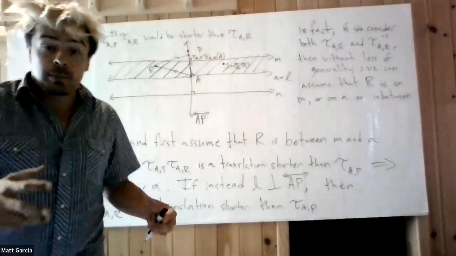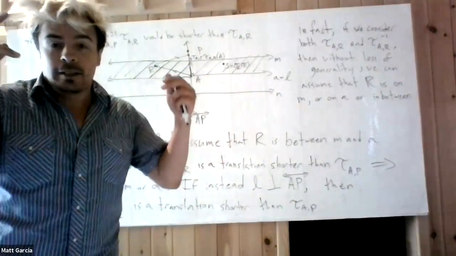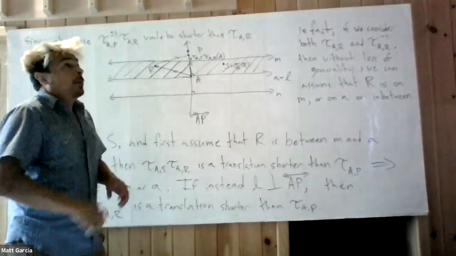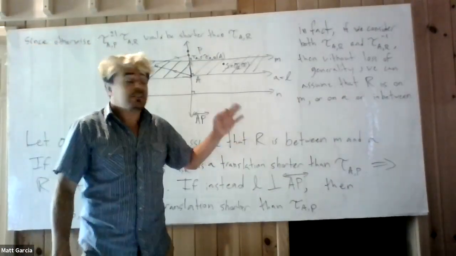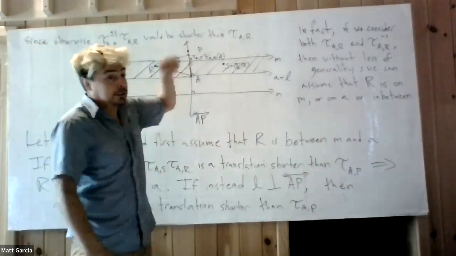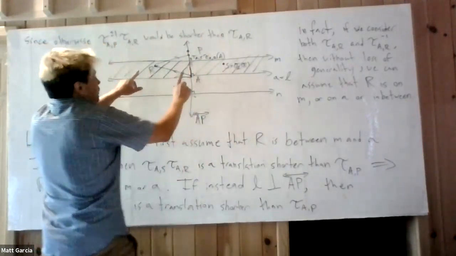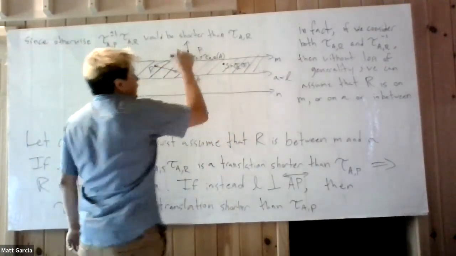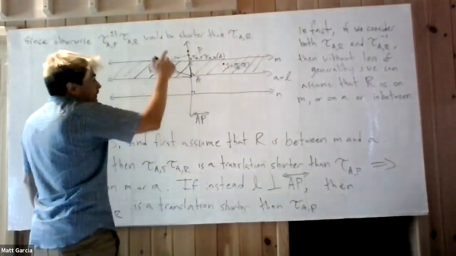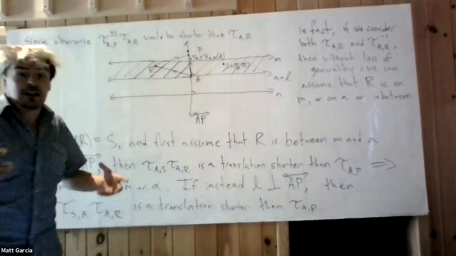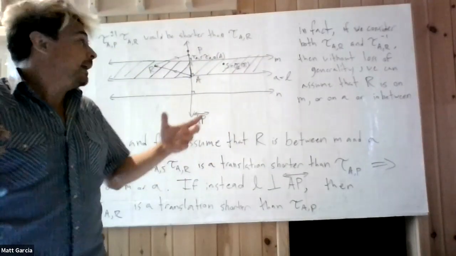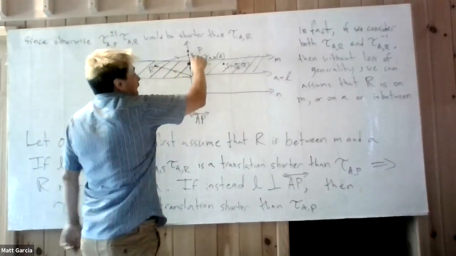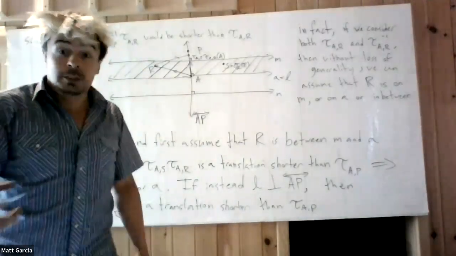And remember, our base assumption before we even talked about case 1 or 2 was that the translation from A to P is the shortest in W. And then we found this point R, which must be the shortest translation in W that is not in the cyclic subgroup generated by the translation from A to P. So by my assumption that there's a reflection in the group W, I was able to construct a new translation, tau sub A comma S, such that the product of tau sub A comma S with this translation, which was supposed to be the shortest that's not a power of tau sub A comma P, gives a shorter translation that must be in W, which is a contradiction.